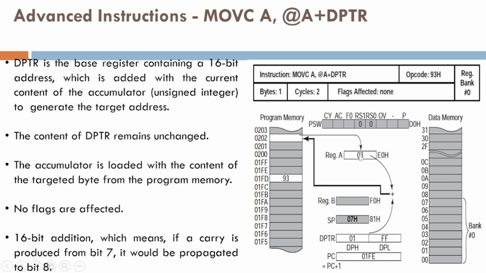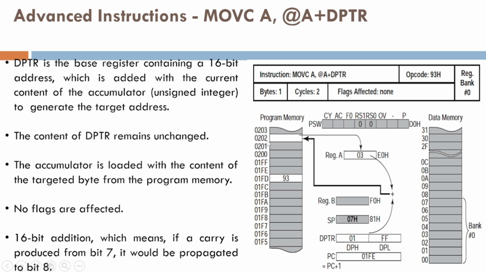Okay, so 01FF is added with 03. Mind it, it is treated as an unsigned integer. So whatever you have in register A, that is the accumulator, it gets added with the content of DPTR, which is our 16-bit base register. And what we get here is the location 0202.